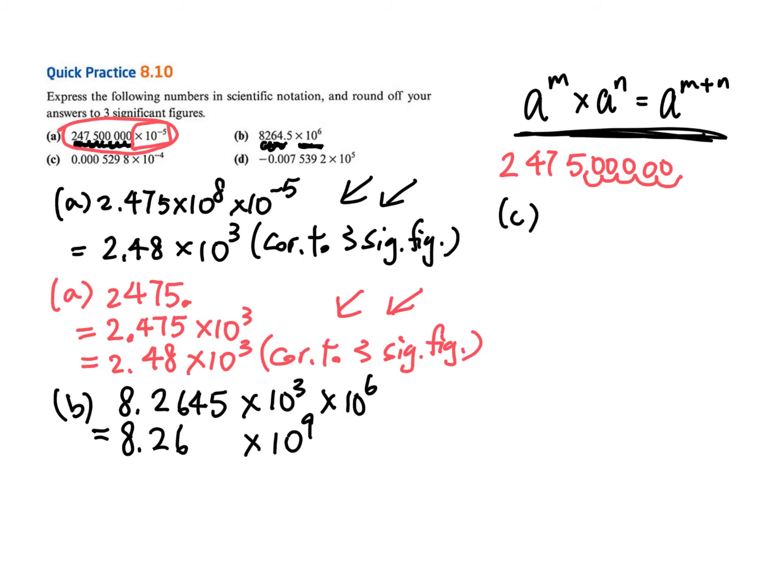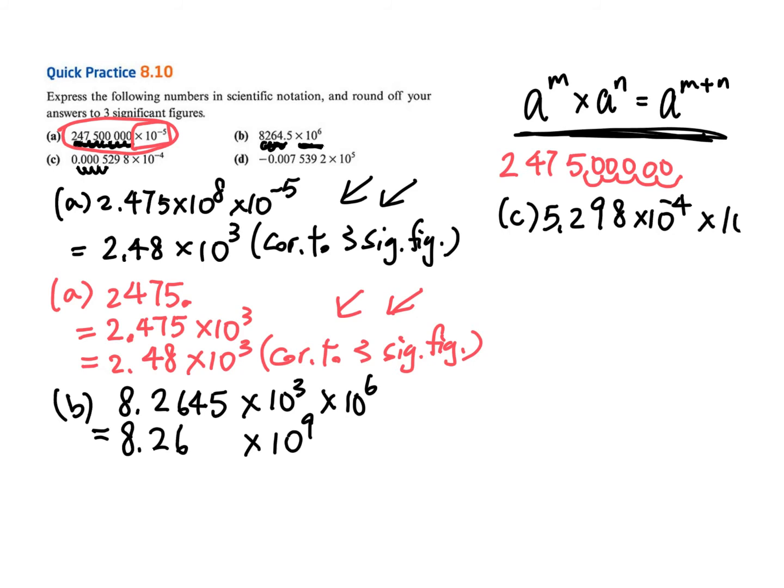So part C. 1, 2, 3, 4. So here should be 5.298 times 10 to the power 4. And remember, you are moving it to the right, so that means you have to add back the negative.